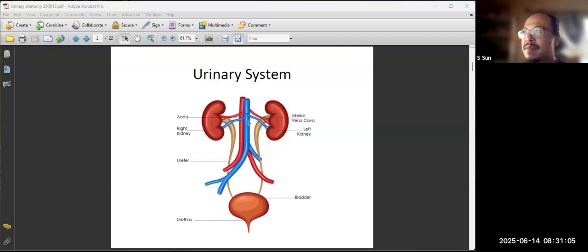The kidney is not made of muscle, but we will see that it has some components in there. The kidney is the organ that produces urine. Then the urine will go through the tube. The first tube that we see here is the ureter.